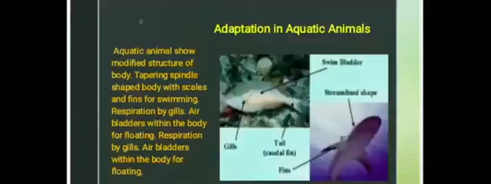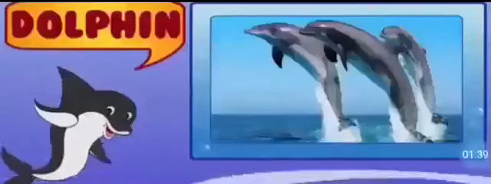Now first is adaptation in aquatic animals. Aquatic animals show modified structure of body. Dolphin is a sea animal which is large, smooth and grey with a long pointed mouth.